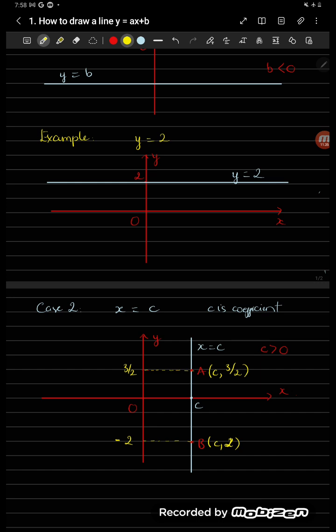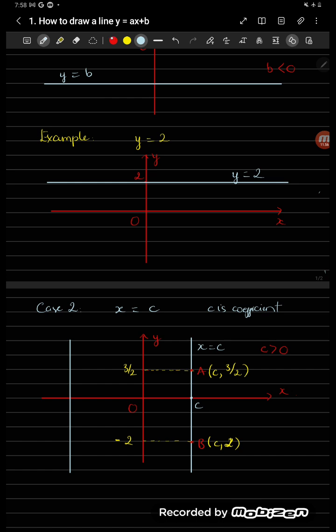So what if c is negative? It means c is smaller than 0. Then your line is on the left side of OY.